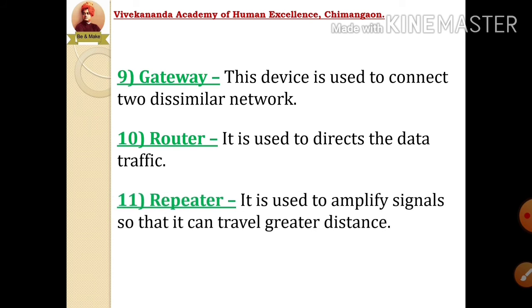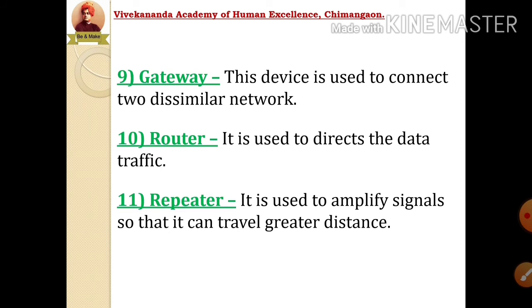Now next component is repeater. It is used to amplify signals so that it can travel greater distance. Now repeaters are generally used in a network where distance is huge. Suppose when I want to transmit data over a large distance, what happens?